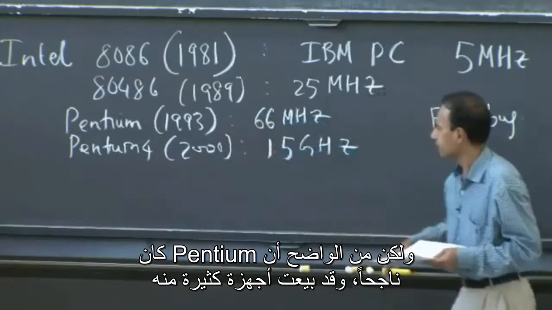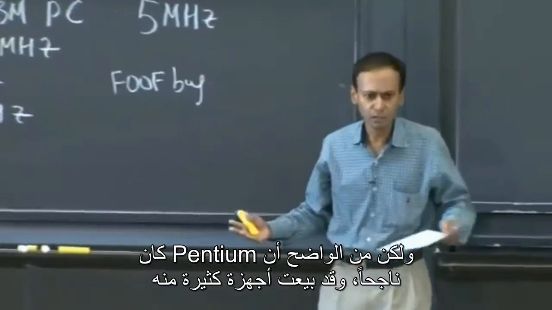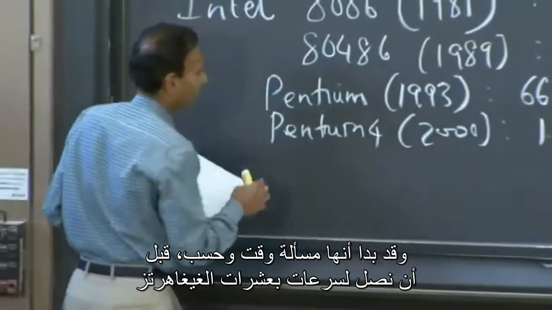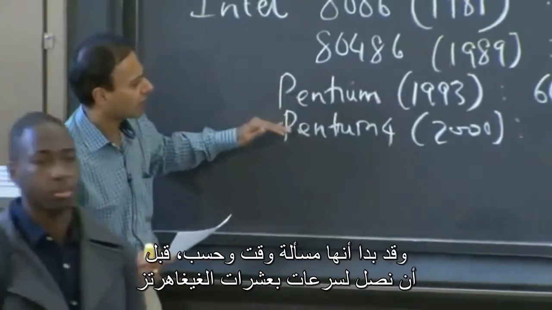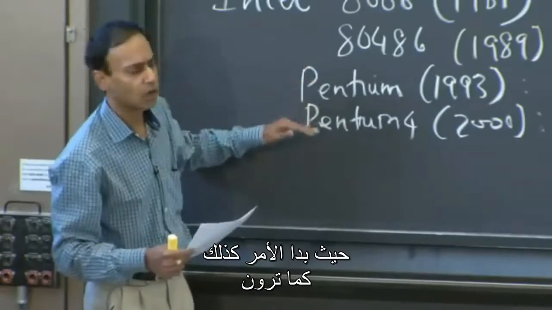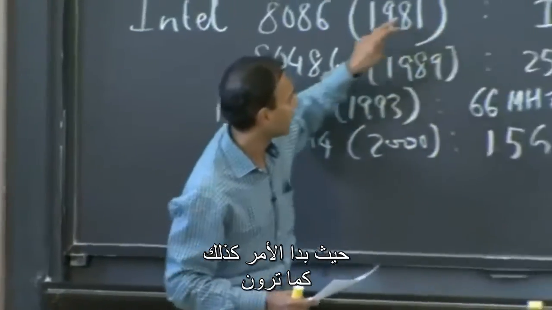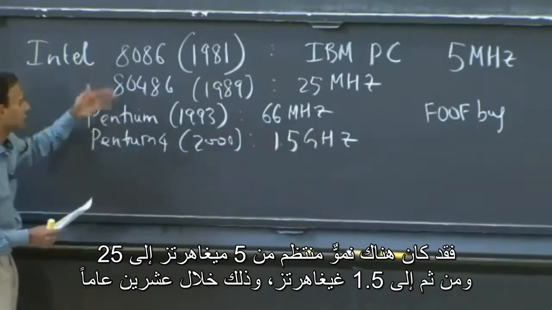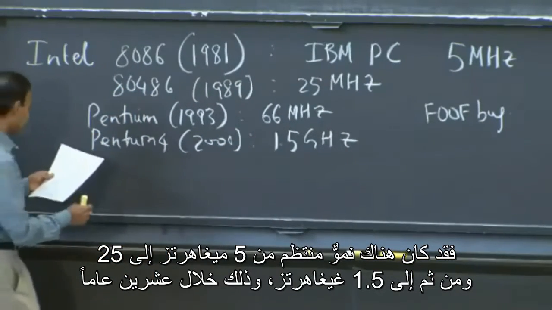But the Pentium was obviously very successful, a lot of machines sold, and it felt like it was only going to be a matter of time before we got to tens of gigahertz the way things were going. As you can see, this is a pretty steep growth from 5 megahertz to 25 to 1.5 gigahertz in the space of about 20 years.